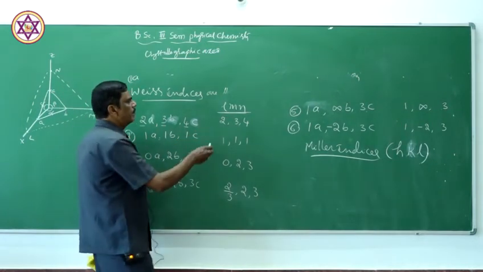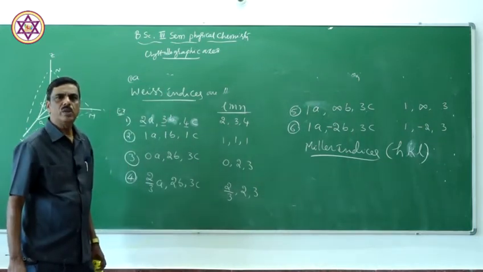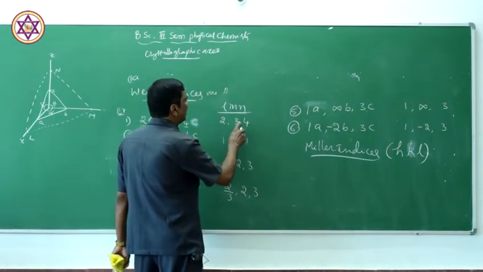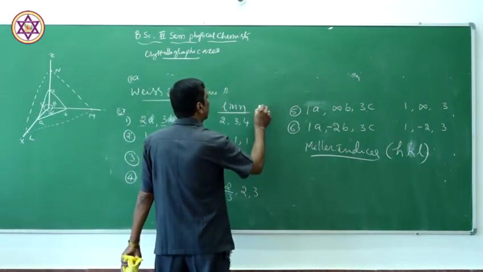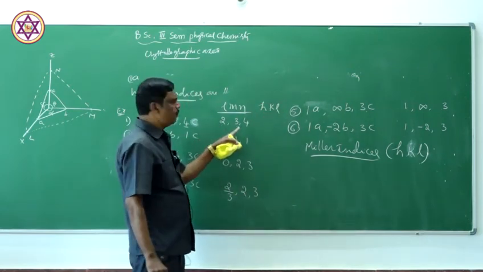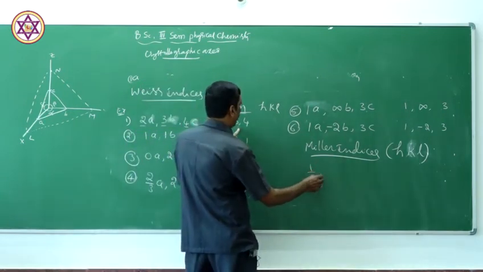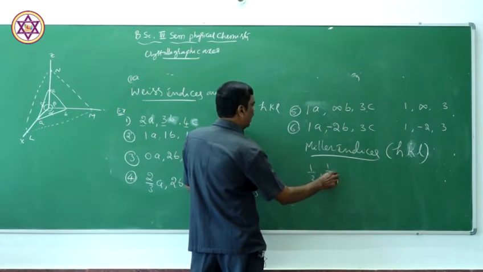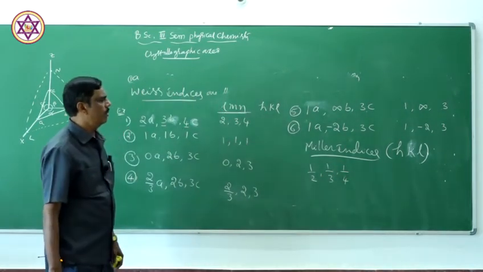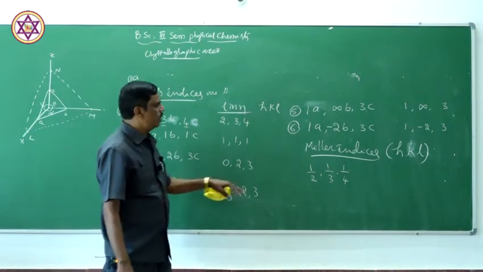The procedure is you take the reciprocal of these coefficients and convert that into a whole number. For example, in this case, you take the reciprocal of this. Reciprocal of this is 1 by 2, 1 by 3 and 1 by 4. Now, convert this into a whole number.